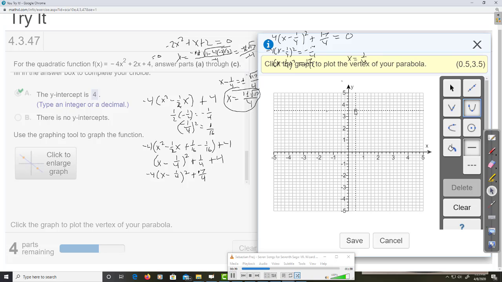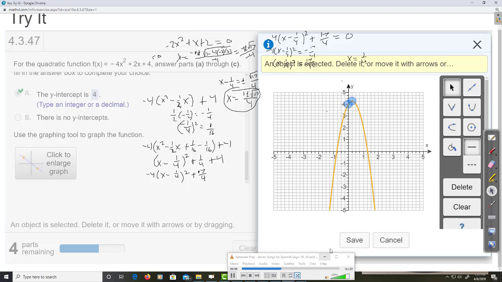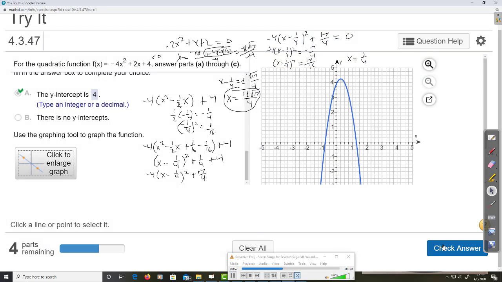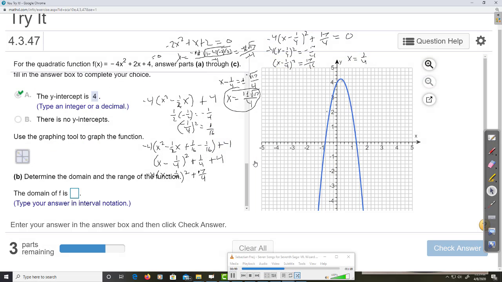So up, up, up, up, up, up, up, up, up. There we go. And then we just need another point. We've already found the y-intercept is at 0, 4, so that's convenient. That'll work. Save it, check it, we're done.